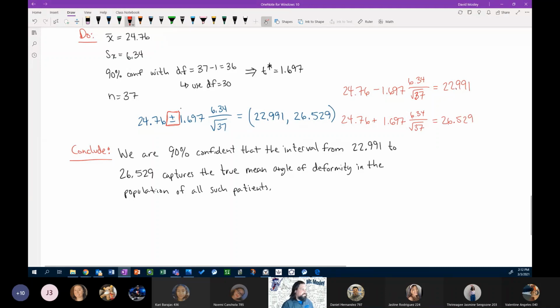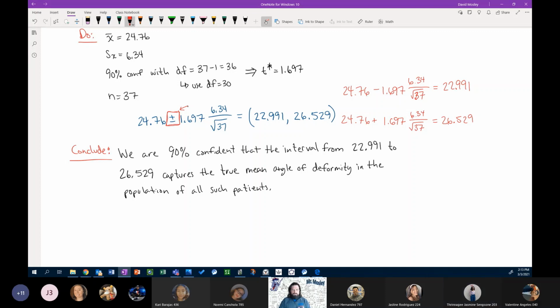So when you see this symbol, it means do this thing twice. Add the number to the right once on the first time, subtract the number to the right of that symbol the next time. And that gives us those two boundaries of the interval.